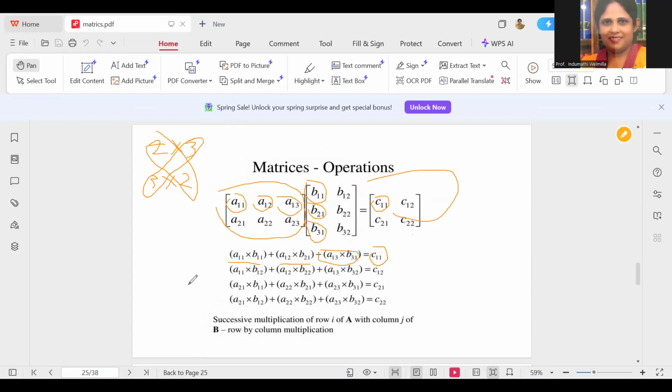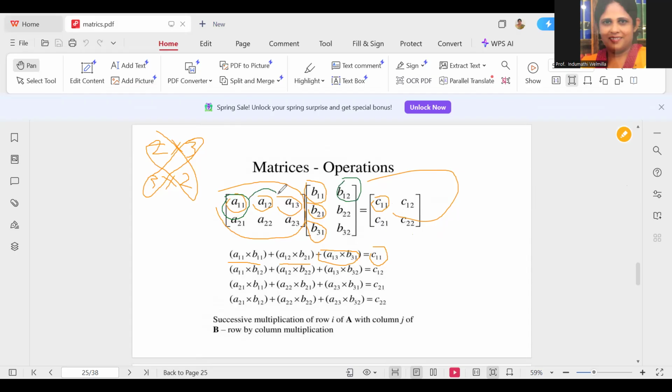For the second element, how can we get the second one, right? Again, we have to multiply A11 by B12, right? This one.